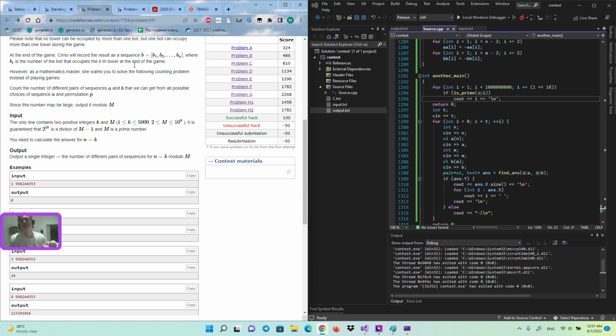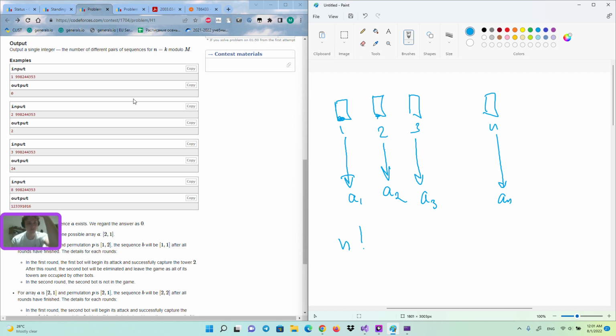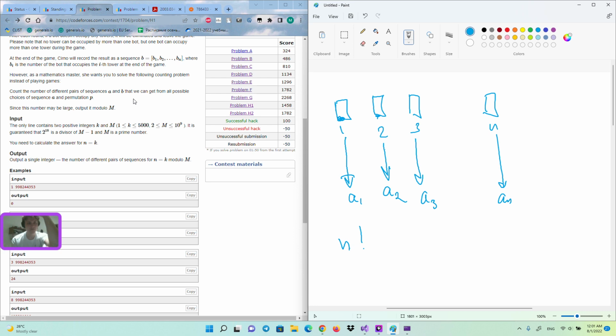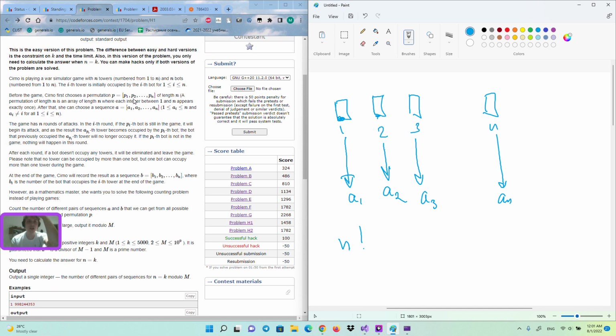So A, understood. There are no a_i equals i.